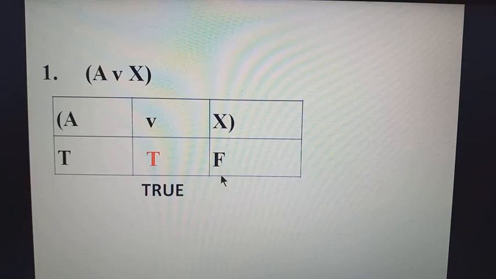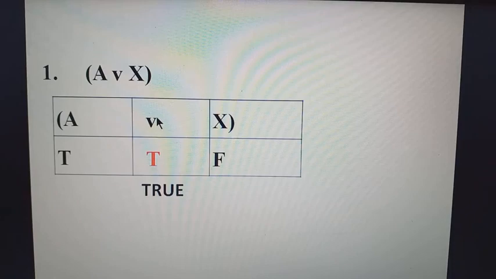Now, having known the value of the simple statements involved in this expression, you can combine this, which is F, and this, which is true. X is false, A is true, to get this value. How do you do that? You now rely on your knowledge of logical connective. This is a logical connective, and it's a wedge, a disjunction.